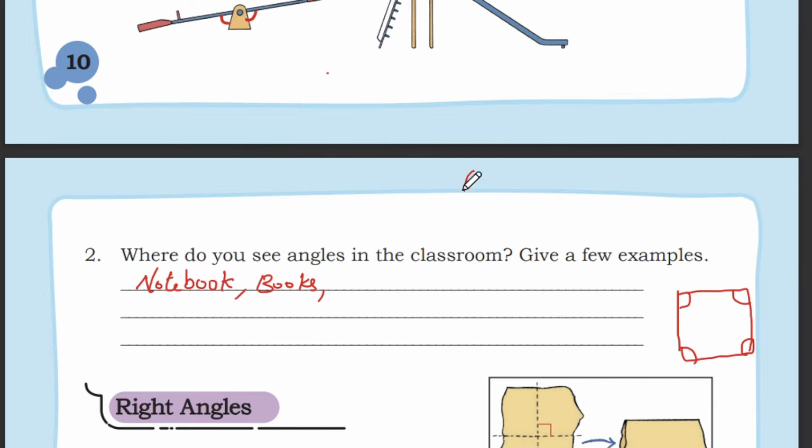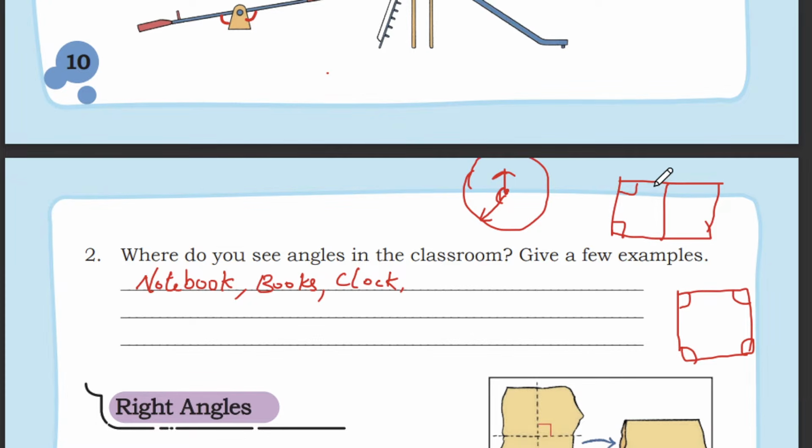And clock also. In a clock we have the minute needle and the hour needle. So this is a clock here. When the two needles meet each other, we will get an angle. So clock, and where else? In the window. So this is the window. Here we'll get many angles.